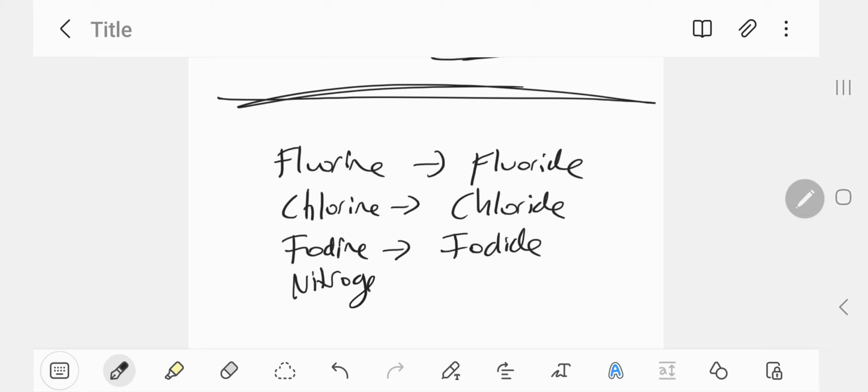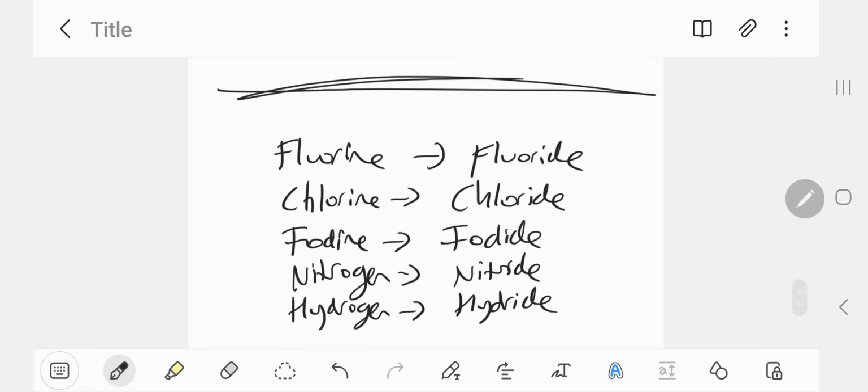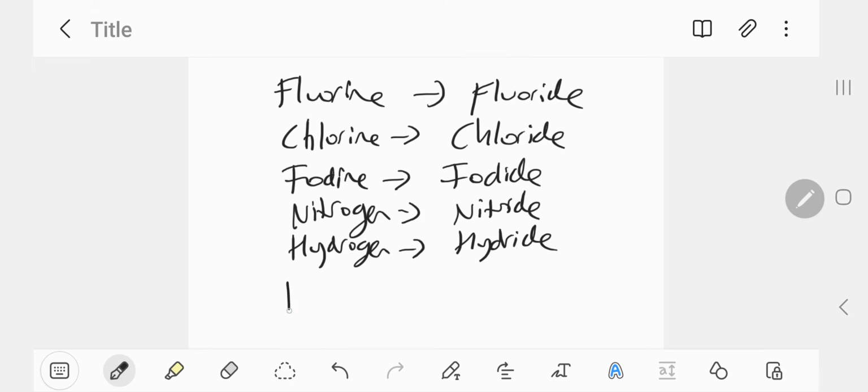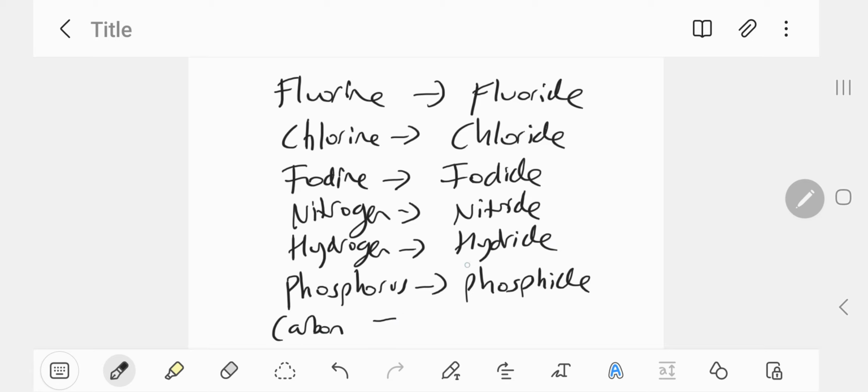If something ends with nitrogen, it becomes nitride. If something ends with hydrogen, it becomes hydride. If something ends with phosphorus, it becomes phosphide. It's good to know these. And carbon becomes carbide. That's the pattern. Rule of thumb, ide at the end.